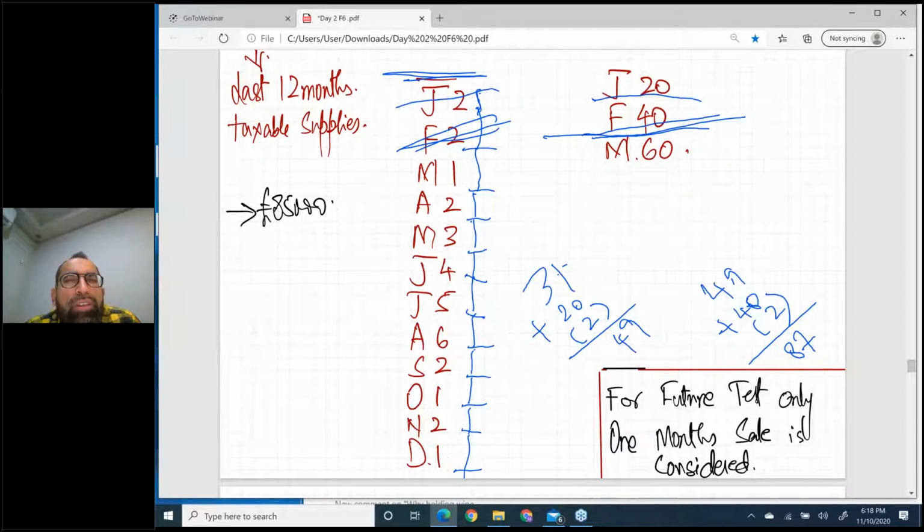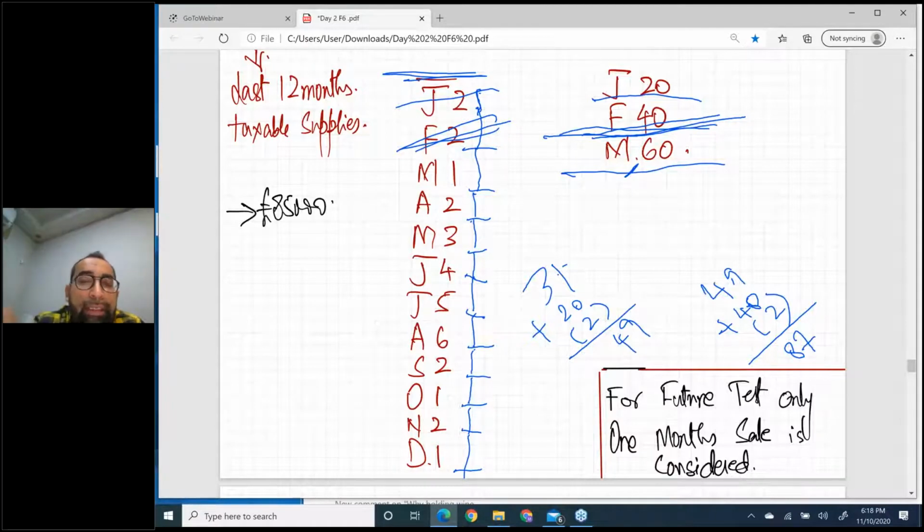Now, what does he have to do? At the end of Feb, he has 1 month to apply, that means the whole of March. He has to apply for registration to the tax department by the end of March.